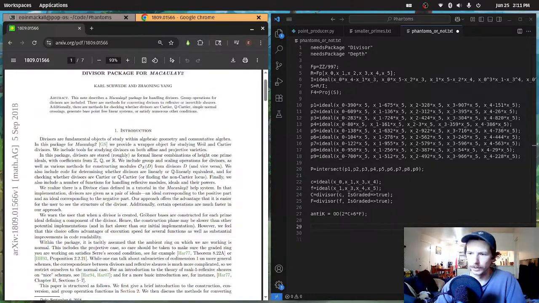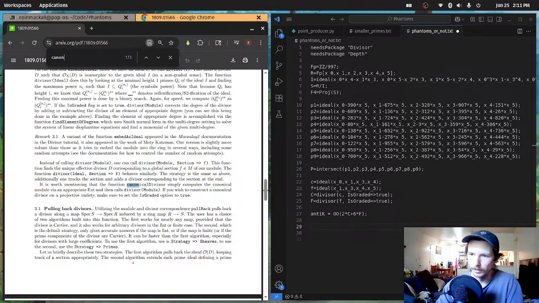So it's potentially just my own mistake. It's worth mentioning that the function canonicalDivisor simply computes the canonical module via an appropriate Ext and then calls divisor on that module. If you wish to construct a canonical divisor on a projective variety, make sure the IsGraded option is set to true.